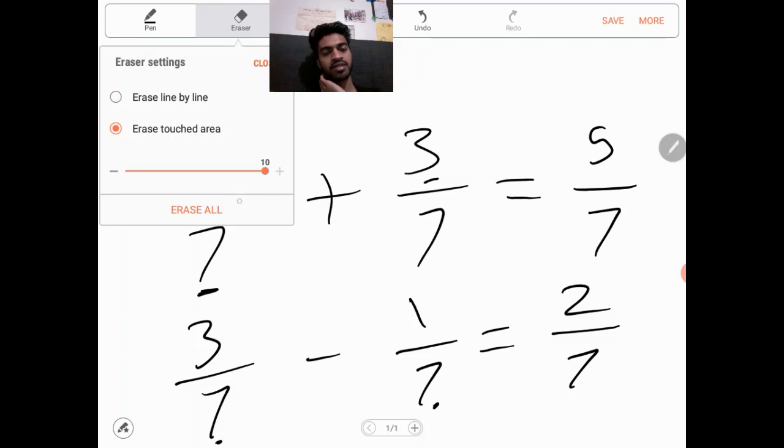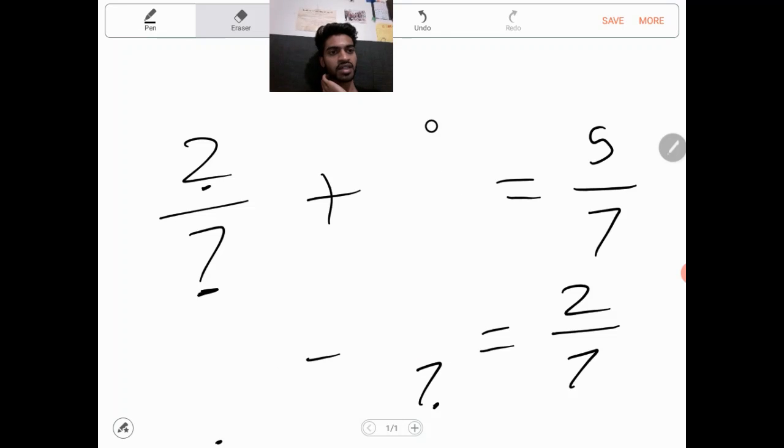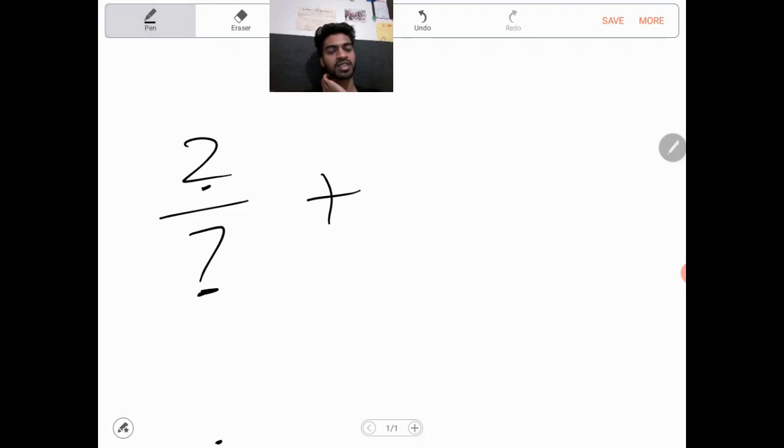Alright, now let's try one a little bit more difficult. So let's say the other side didn't have the same denominator. Let's say on the other side we had 1/14. What we need to do now is we need to change one of the sides so that they both have the same denominator.